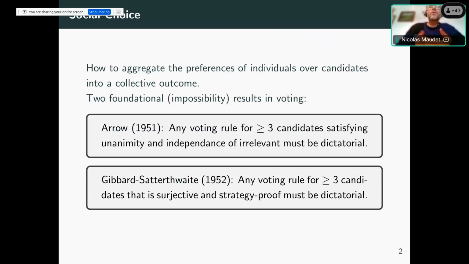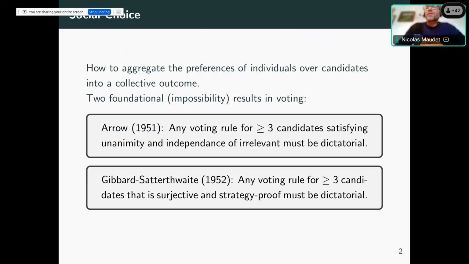The Arrow theorem says something like, if you want to satisfy unanimity, independence of irrelevant alternatives, and non-dictatorship, then you cannot do the three of them together. In other words, if you have unanimity and independence, it has to be dictatorial.